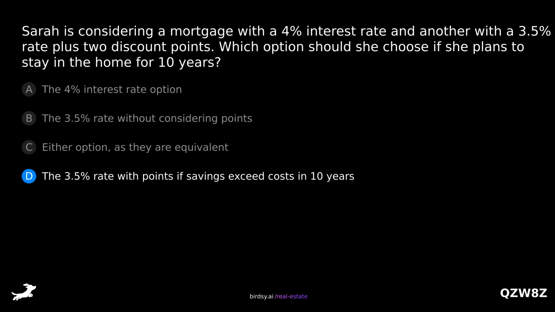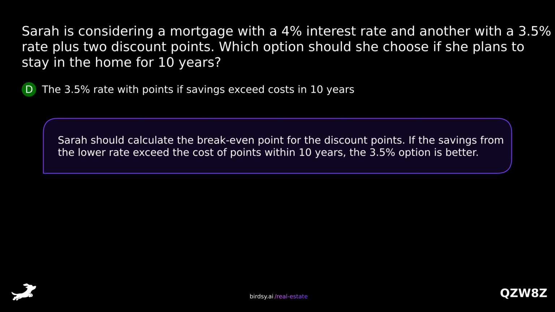Or D, the 3.5% rate with points if savings exceed costs in 10 years? The correct answer is D, the 3.5% rate with points if savings exceed costs in 10 years. Sarah should calculate the break-even point for the discount points. If the savings from the lower rate exceed the cost of points within 10 years, the 3.5% option is better.